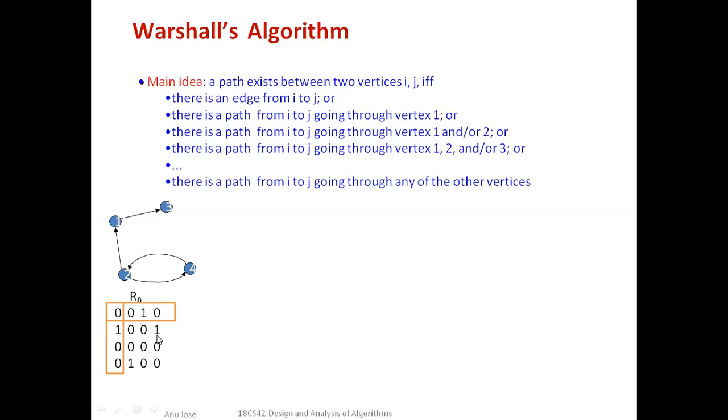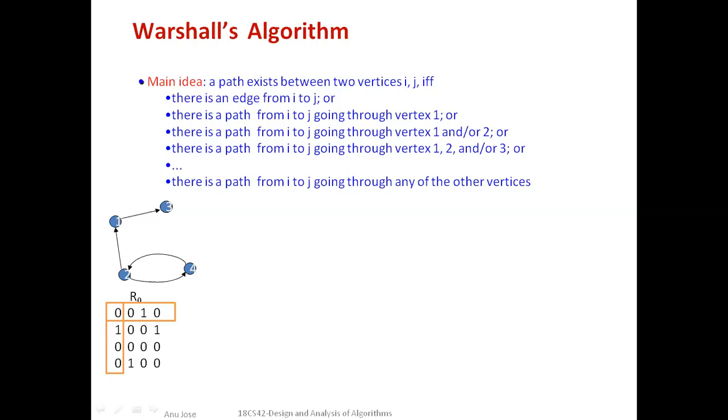This is already 1, no need to cross-check. Here one entry is 0, so no need to check. 0 and 0 is 0, 0 and 1 is 0, 0 and 0 is 0. Then this is already 1, no need to cross-check. 0 and 1 is 0, and 0 and 0 is 0. So we are checking the AND operation between the first row element and the first column entry corresponding to a specific element. For this location, with row number 0 and column number 1, the AND result will be 0.